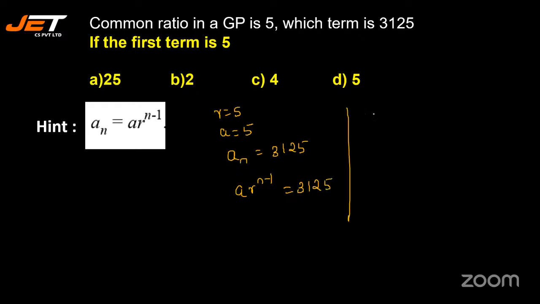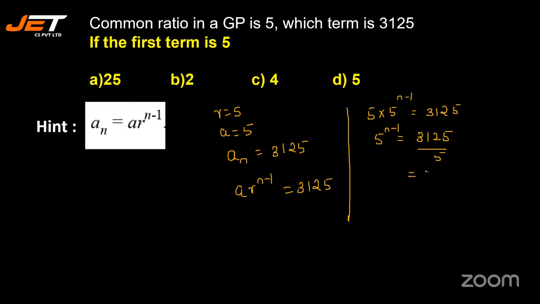Now let's see. What is a? 5 into 5 to the power n minus 1 is equal to 3125. All right, so now let's take 5 to the power n minus 1 is 3125 by 5.